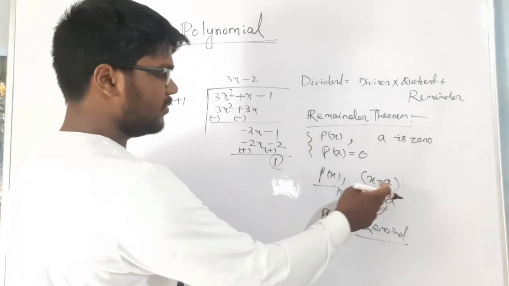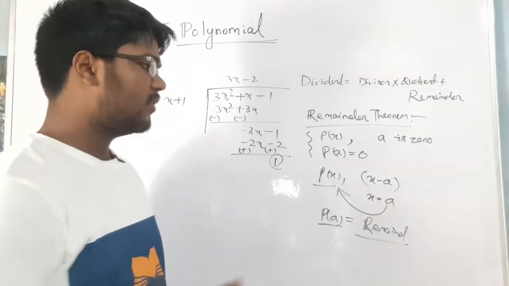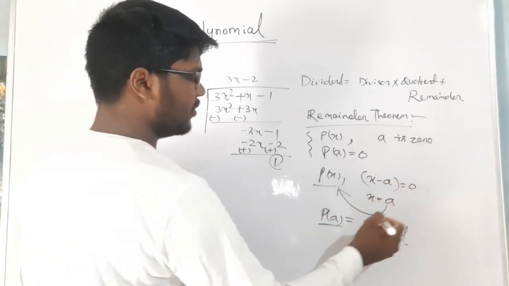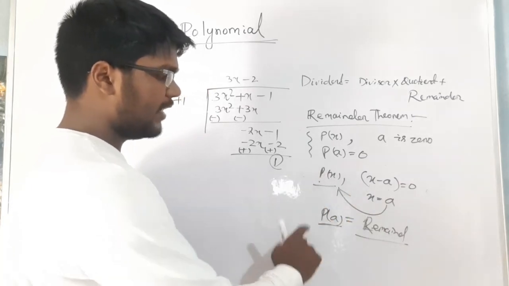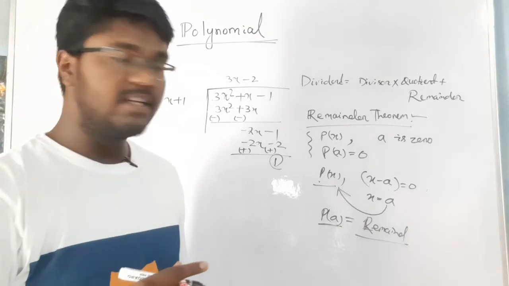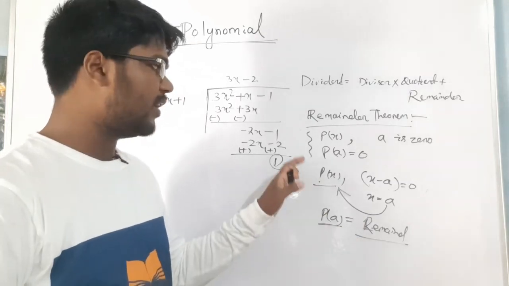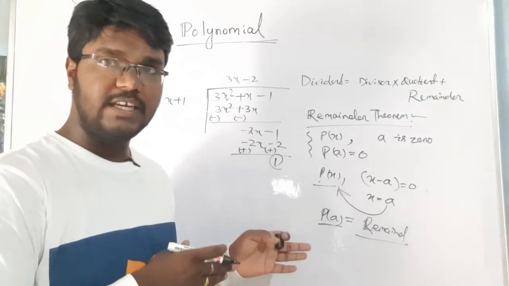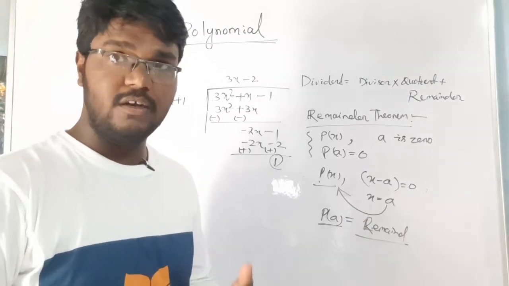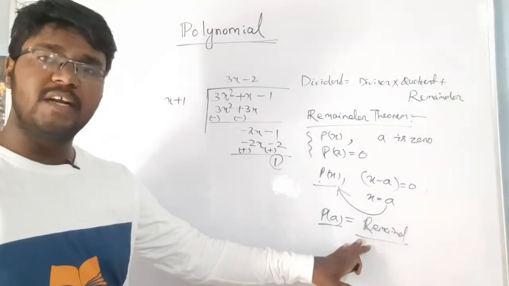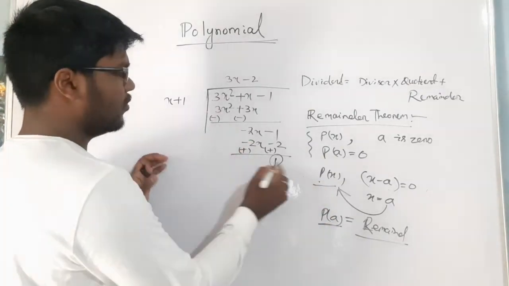If x minus a divides this polynomial, that means if we take x minus a as 0, then x will become a, and we put it in this polynomial, and if the value does not become 0, then that term will become the remainder. If the remainder is 0, then it will divide completely, it will be a factor of this, but if not, whatever comes, taking x minus a as 0 and x is equal to a, that will be the remainder. So you see here, we will apply this in this question to get the remainder 1.